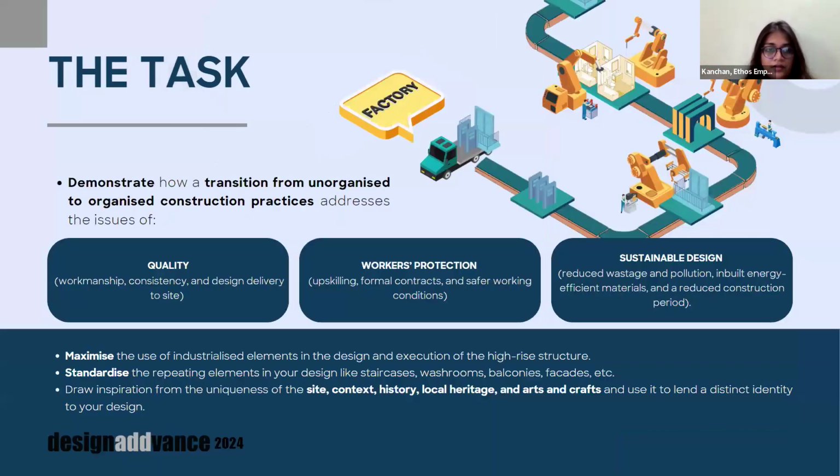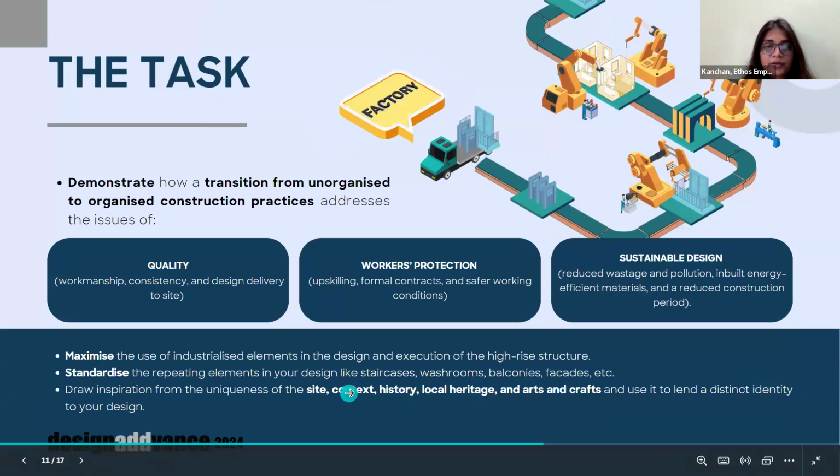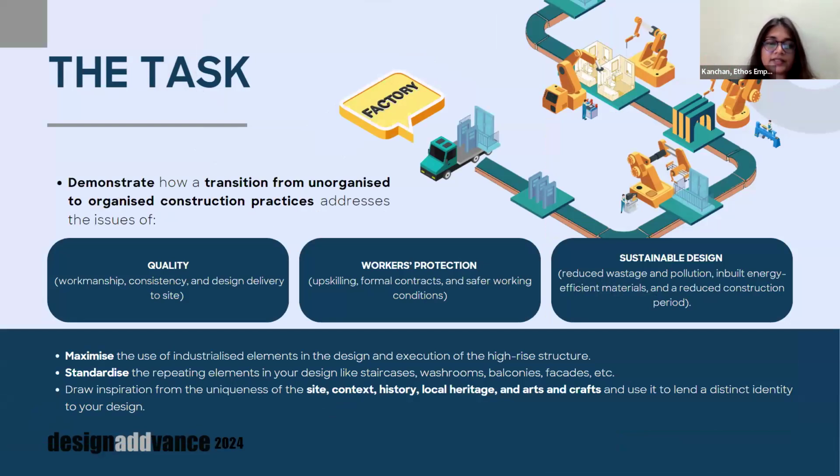In this way, you'll be able to demonstrate how to transition from unorganized to organized construction practices, which will address the problems of quality, workers' protection, and the sustainability of your design. So you'll maximize the use of industrialized elements in your design, and you'll standardize all the elements for the ease of prefabrication, right?